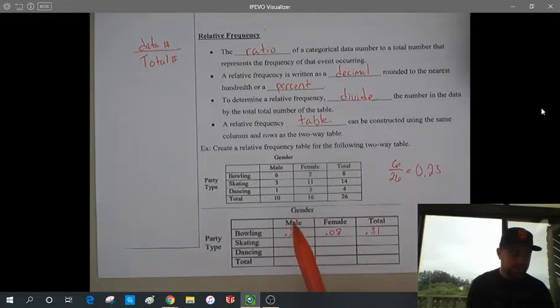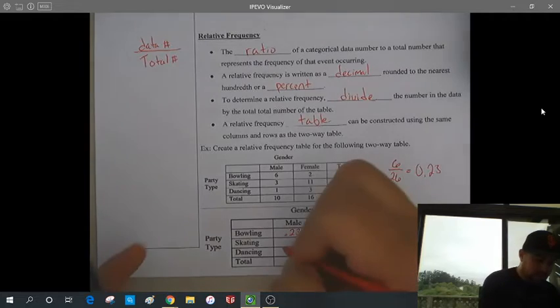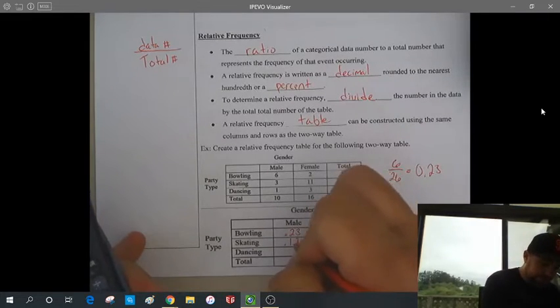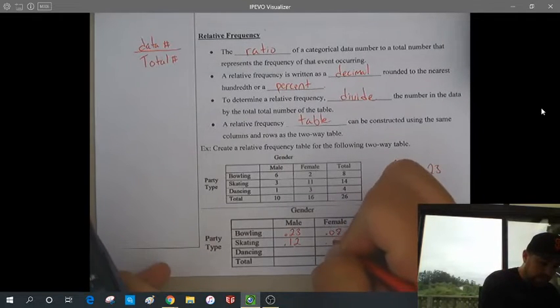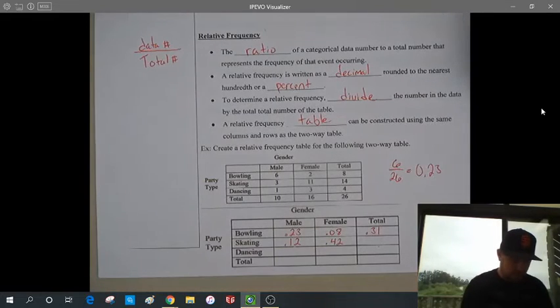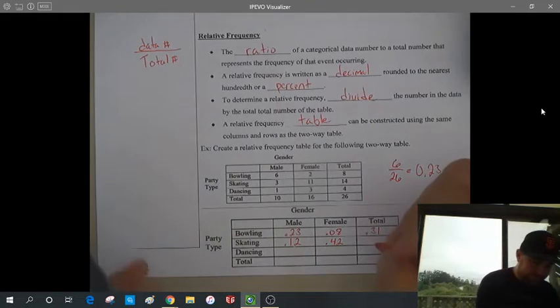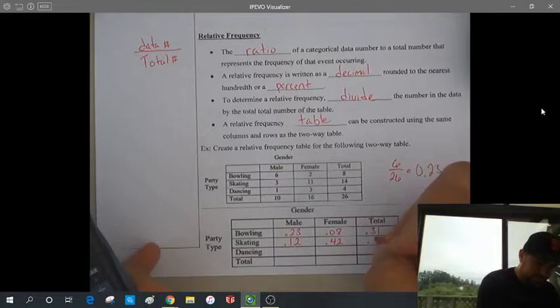Okay, continuing that method through the table. So now take 3 for the number of males that chose skating, divide by 26. This would round to 0.12. 11 divided by 26 is 0.42. 14 divided by 26 is 0.54 actually when it rounds.